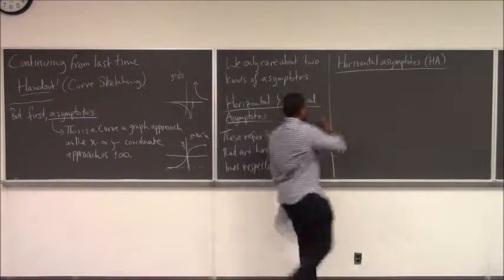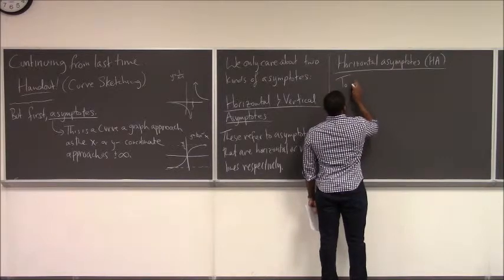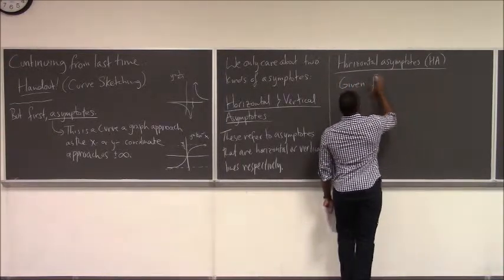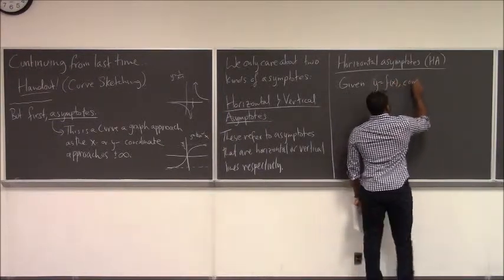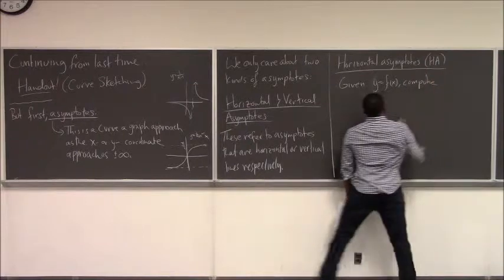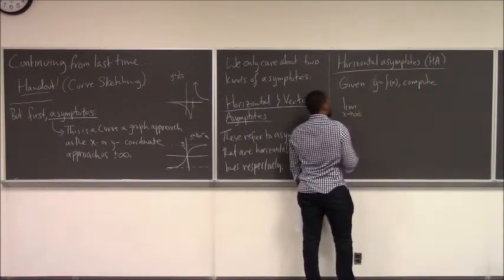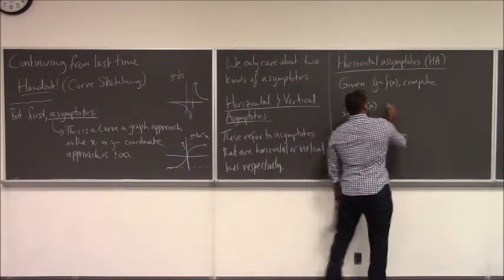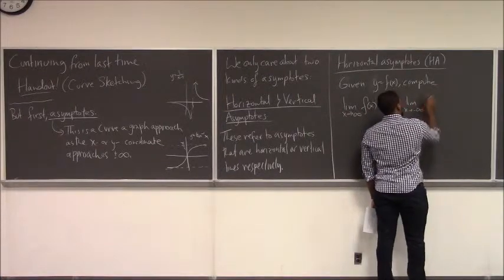Okay. So, given some function y equals f of x, in general you want to compute two limits: the limit as x approaches infinity of the function, and the limit as x approaches minus infinity of the function.